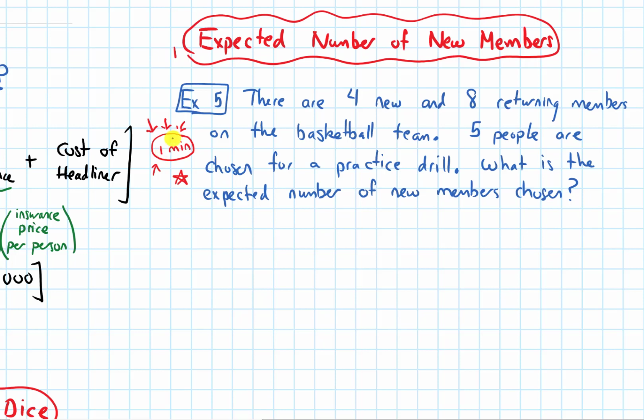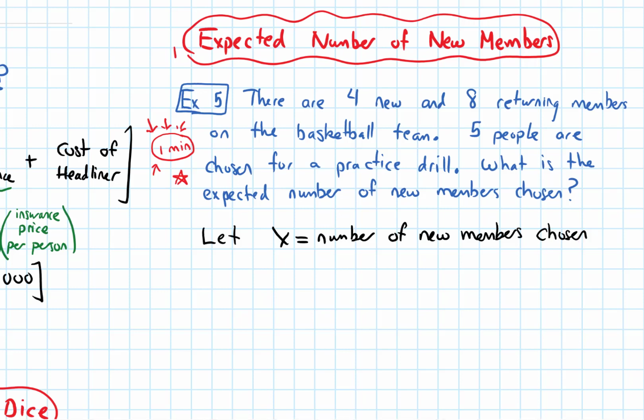Alrighty, so hopefully you paused it for about a minute, maybe 2 minutes to try to get this one started. It's really important in these expected value word problems where it's not necessarily given what the random variable should be. So because it says to find the expected number of new members chosen, I'm going to let x simply be the number of new members that are chosen.